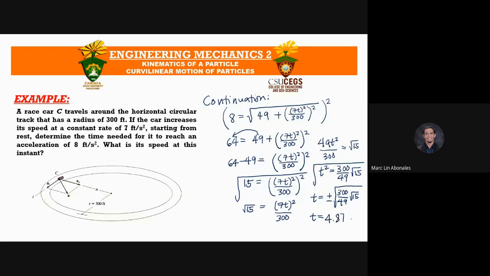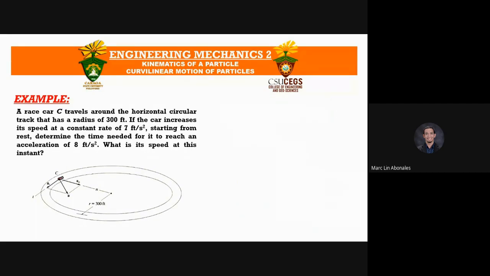So ang time needed para ma-reach niya ang acceleration, ang final acceleration na 8 feet per second squared based sa problem is 4.87 seconds. And once ma-determine nato ang time, we can determine the speed at this instant. Unsang speed niya kung asa ma-reach niya ang 8 feet per second squared.